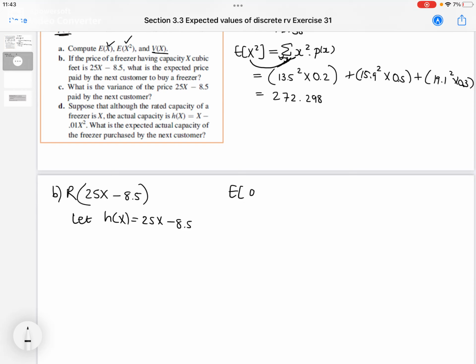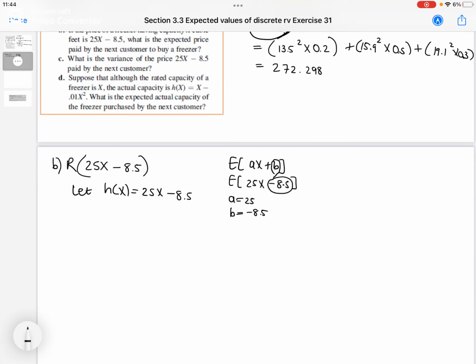I can recognize here from our proposition that it looks similar to this, right? So if h(x) is equal to 25x minus 8.5, then essentially we're calculating the expected value of 25x minus 8.5. Isn't that true? Yes. And what is the value of a here? a is equal to 25. Good. And then we have minus b. What is b then equal to?